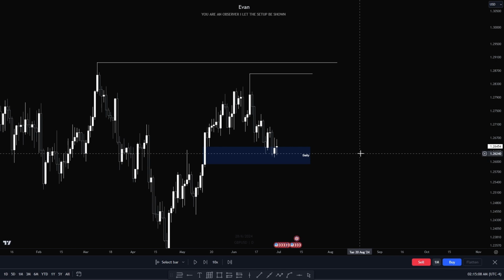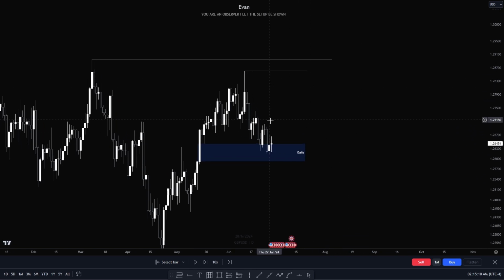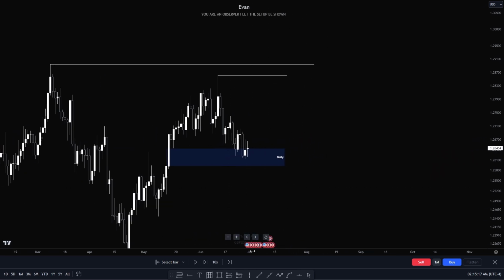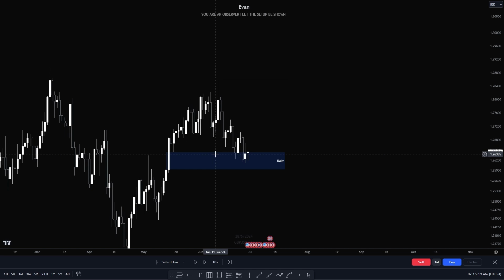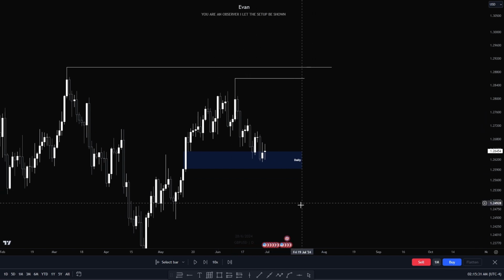Anyways, so looking at this, we retraced into a daily fair value gap. We're currently respecting it, right? And so what do we know? Internal to external liquidity. Okay, we made a high, came back down to internal liquidity. What can we expect? Back to external liquidity, which would be this high right here.